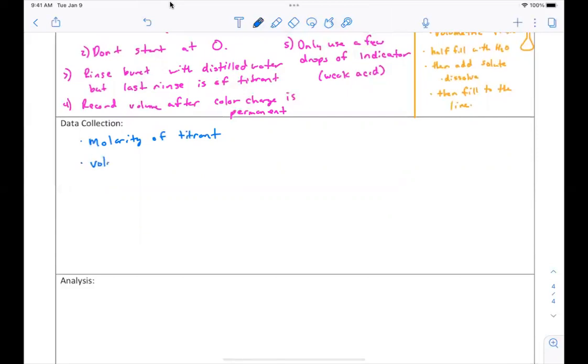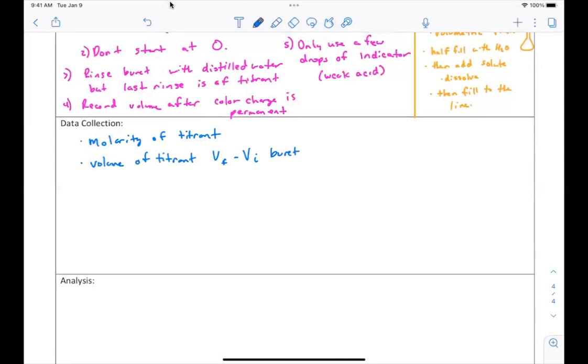Okay. You need the volume of titrant, which is your volume of the final minus the volume of initial in the burette. Okay. Remember, burettes count downward, so your number at the end will always be larger than the number that you start with. So you will get a positive number.